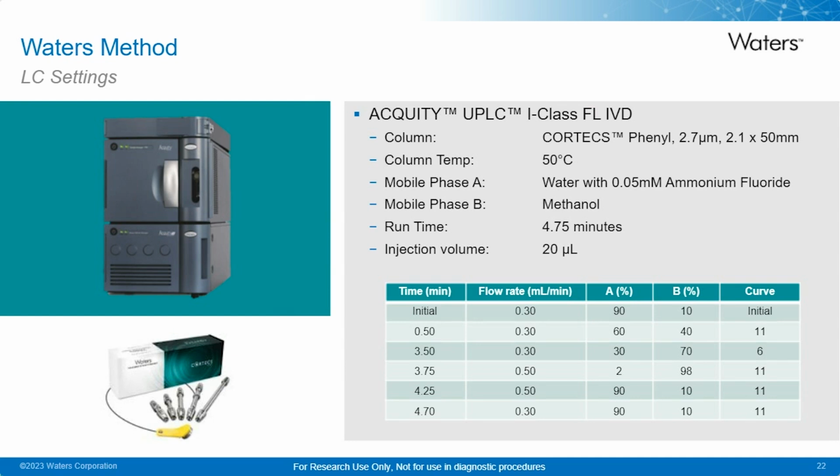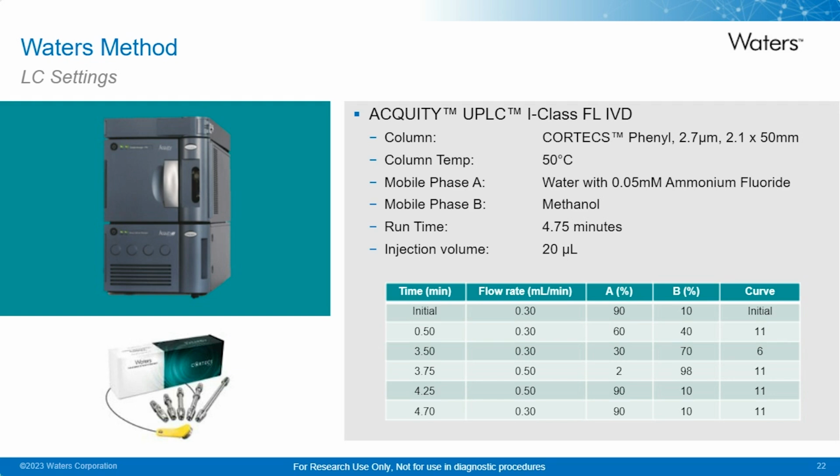20 microliters of the extracted samples were injected onto the I-class FL system, and samples were separated using a Cortex phenol column with dimensions of 2.1 by 50 millimeters, and this was heated to 50 degrees Celsius.